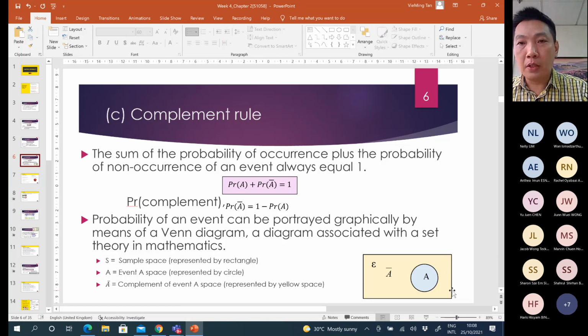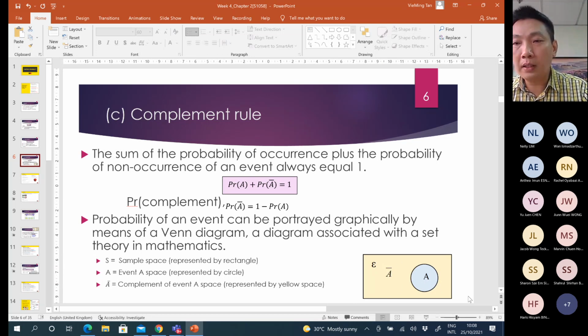Event A can be here in the circle. Any elements inside the circle are considered event A. How about outside the area of the circle? That will be non-A. So non-A is this yellow area.